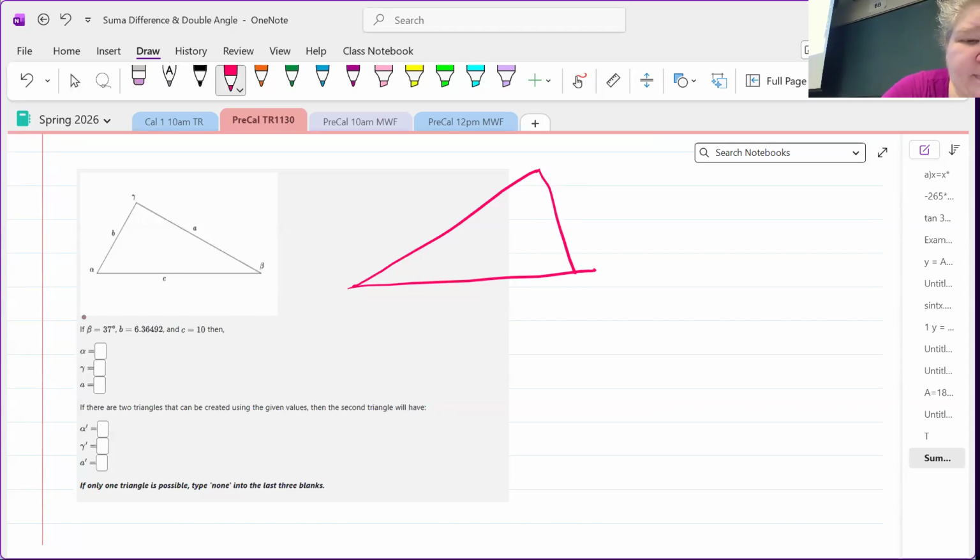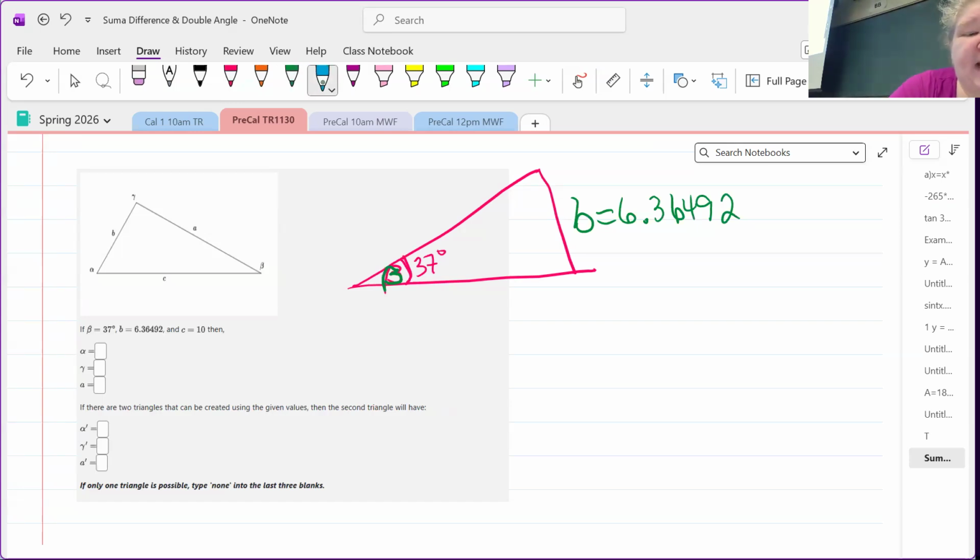They gave me angle beta, so that's what I'm going to call that left angle on the triangle. And they told me that is 37 degrees. That means the side opposite beta has to be side B. And side B is the ridiculous 6.36492.